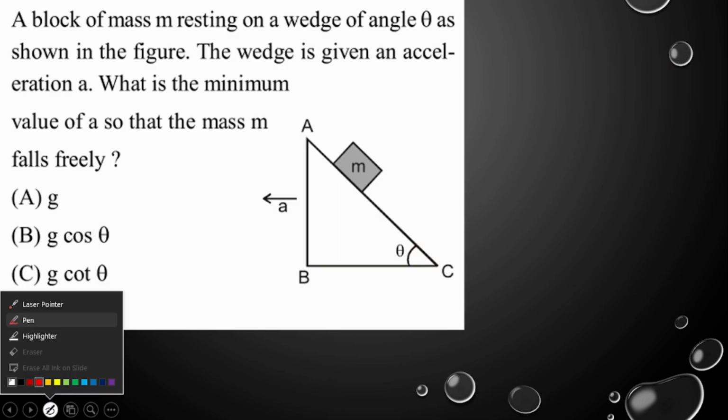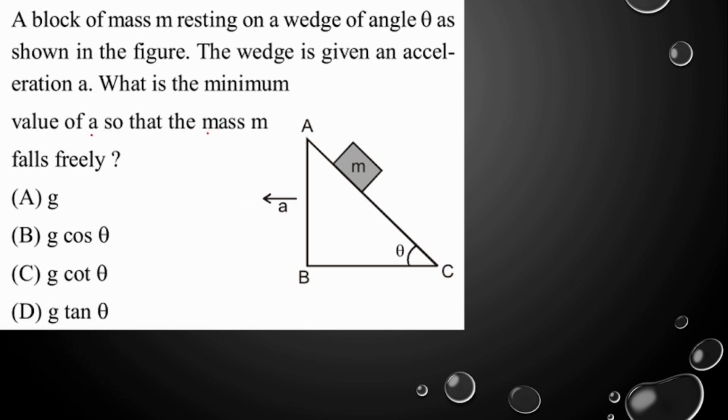The next question is, the acceleration is in this direction. What is the minimum value of a so that the capital M falls freely? This question we have done before in previous classes. This is the acceleration of the system. So the pseudo acceleration experienced by the system is in this direction.